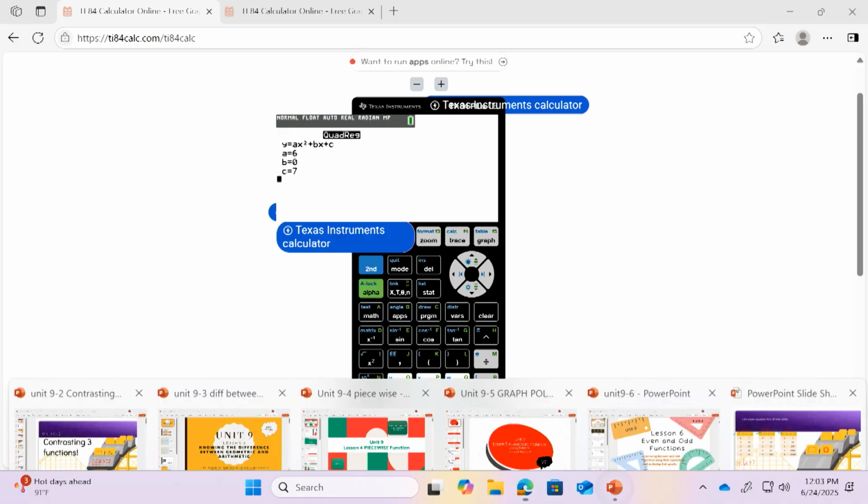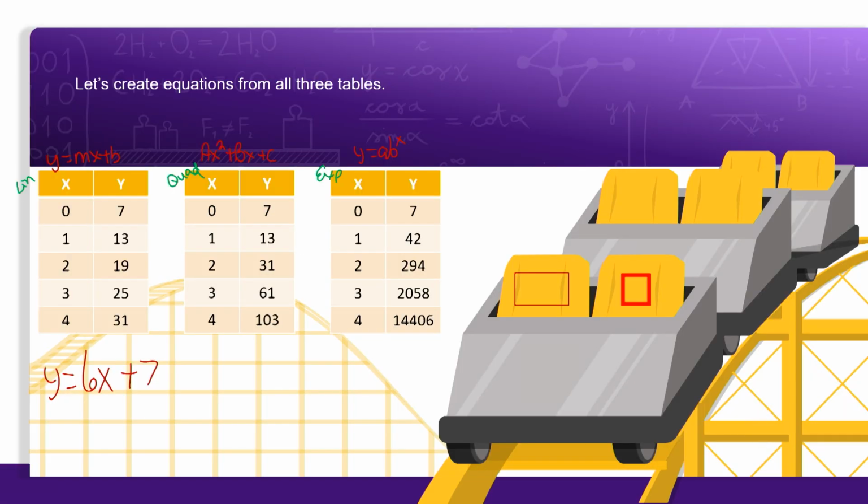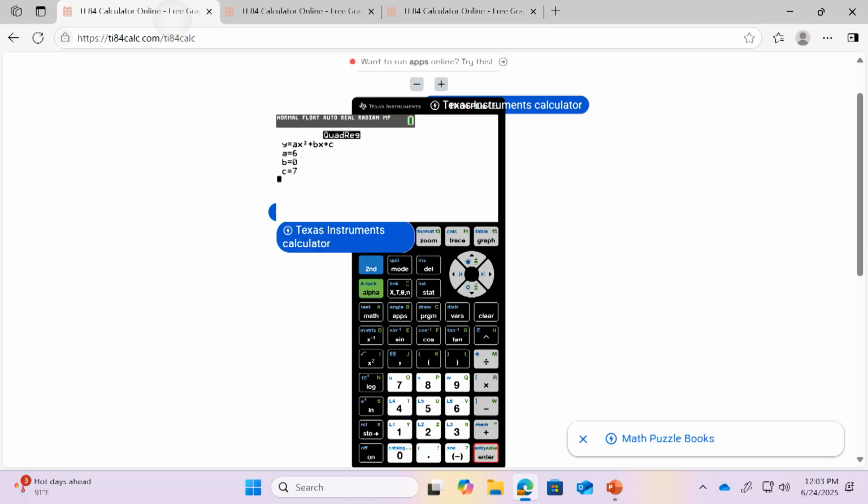So let's go back and write that. So I'm going to have y equals 6x squared. We did not have a b, but we do have a c. So let's put our last one into our calculator. And let's go back and do second quit.